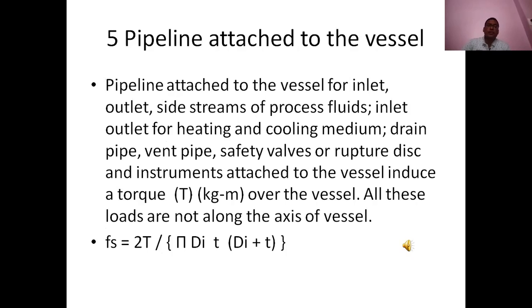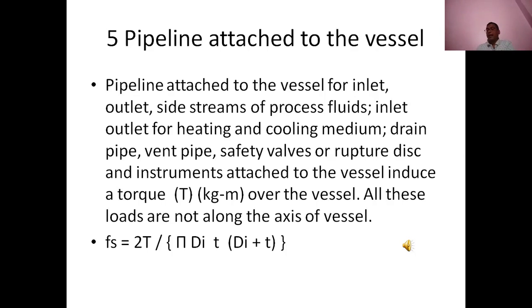There are various attachments we have already seen in the diagram: the inlet and outlet for the process stream, inlet and outlet for heating or cooling arrangements, then drain pipe, vent pipes, safety valve, rupture disc, the different instruments. All these are not in a straight vertical direction, and it is not balanced completely.